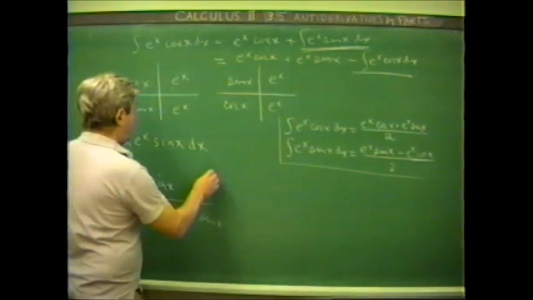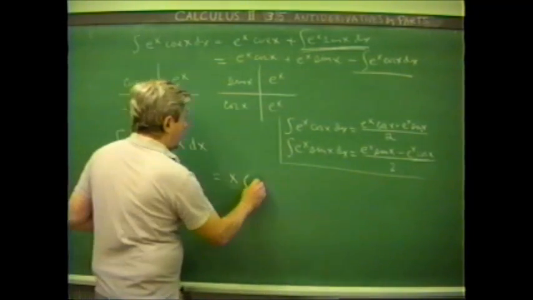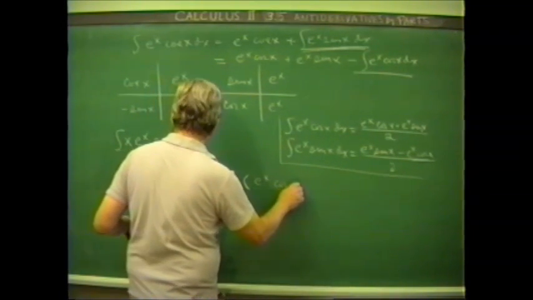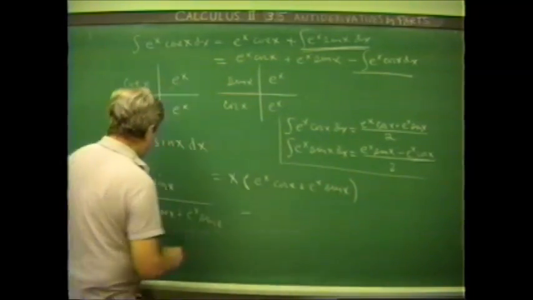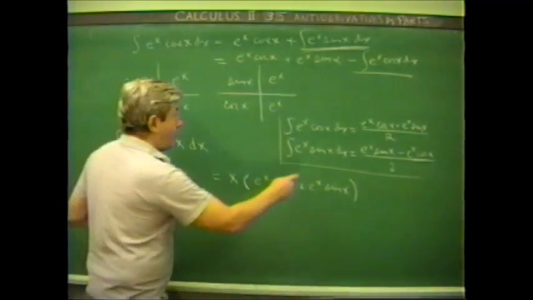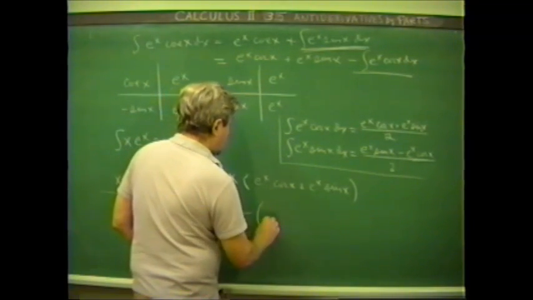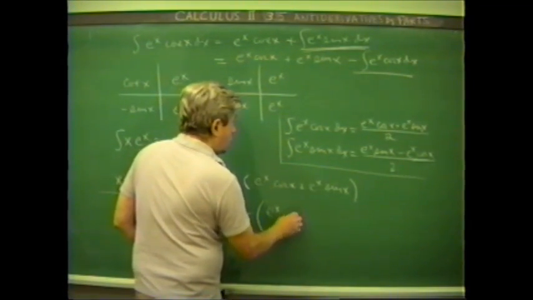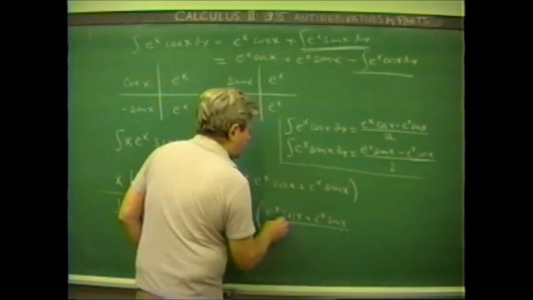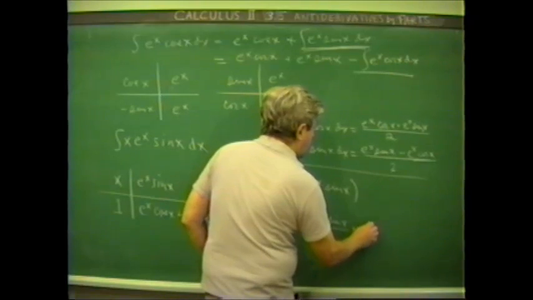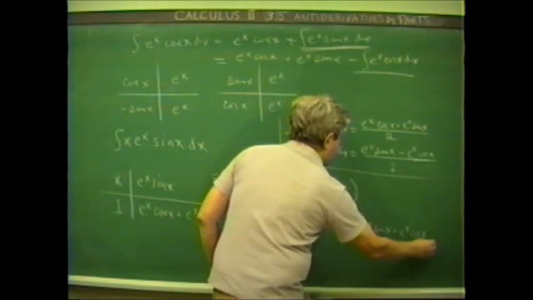And so this antiderivative is going to be equal to x times e to the x cosine x plus e to the x sine x, minus the antiderivative of the bottom line here. Well, the bottom line is the sum of these two antiderivatives. So we're going to get minus e to the x cosine x plus e to the x sine x over 2, plus e to the x sine x minus e to the x cosine x over 2.